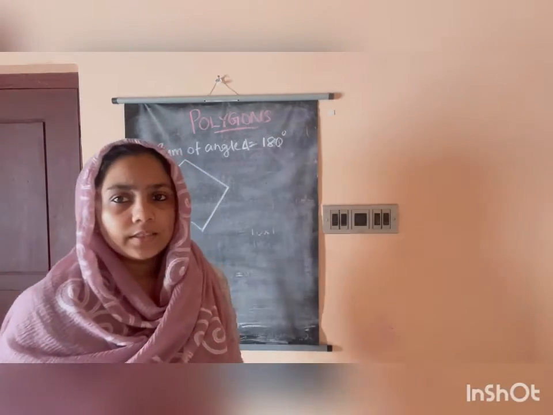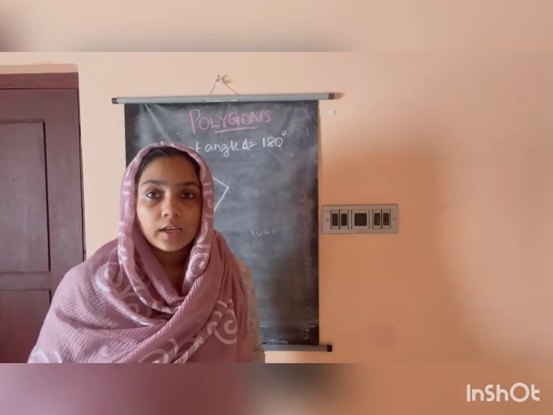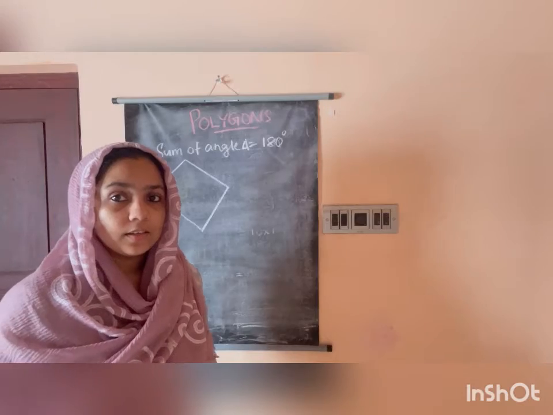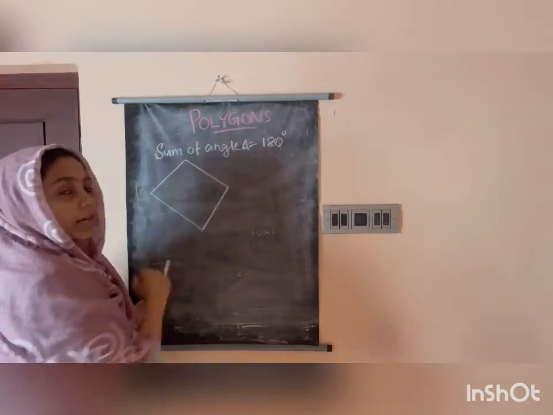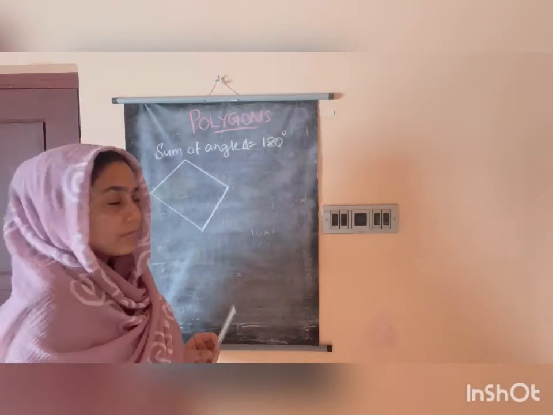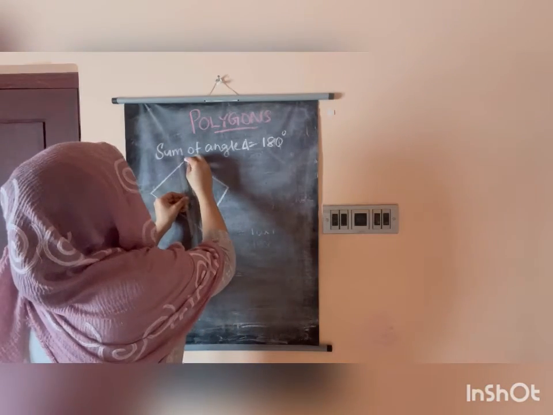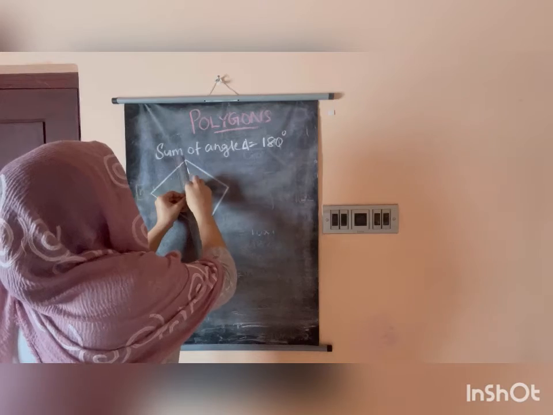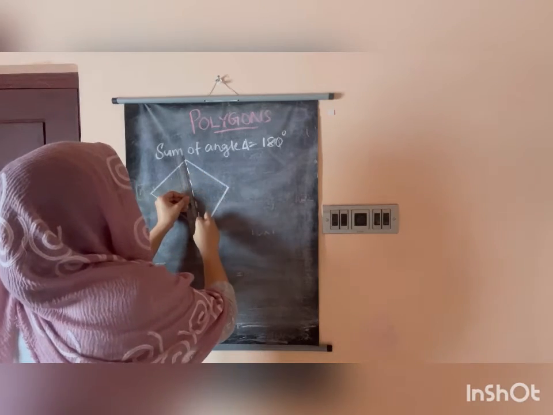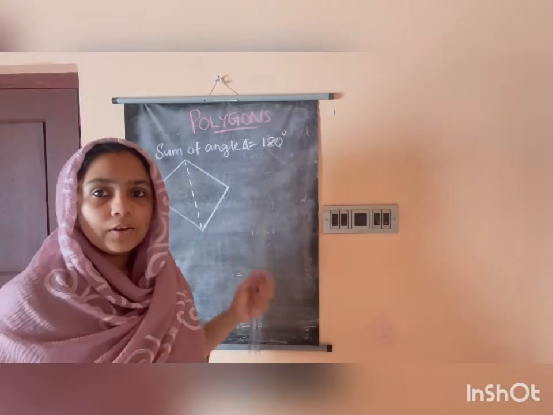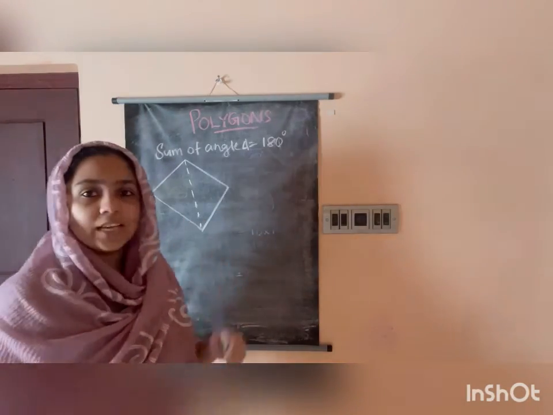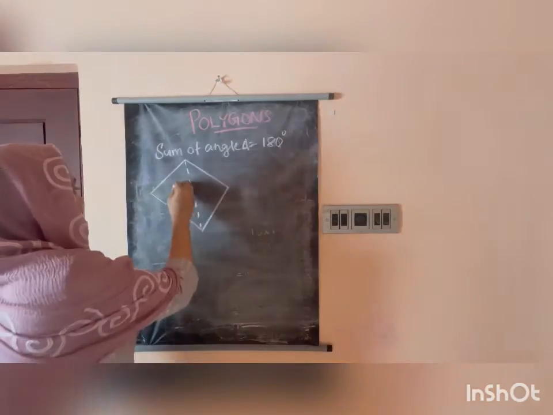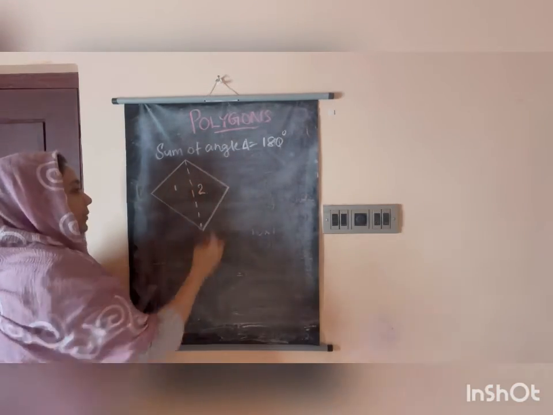How can we find the sum of angles of a quadrilateral? We can split this quadrilateral into two by drawing a line from one vertex to another. What do we get here? We get two triangles, this one and this one.